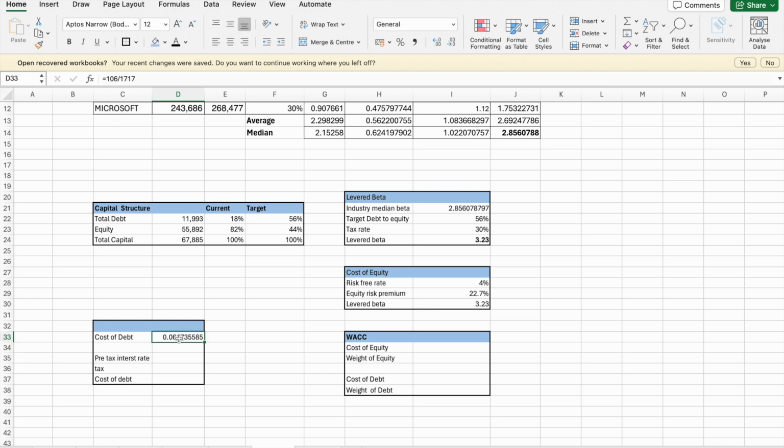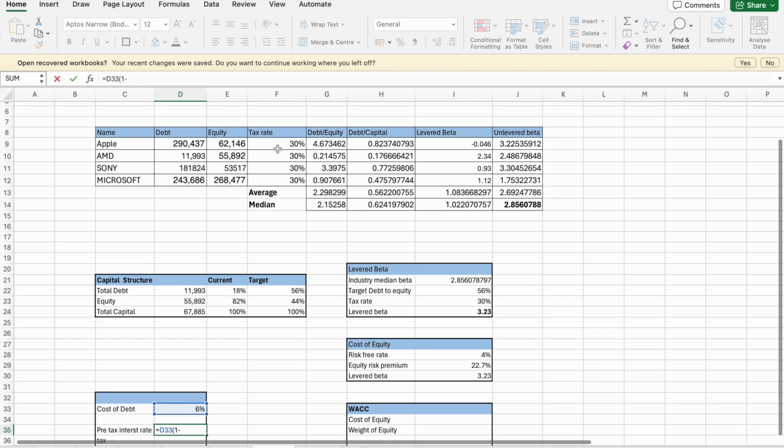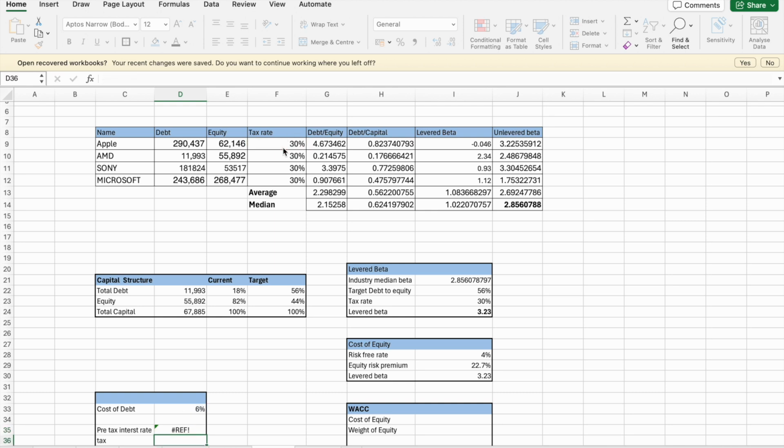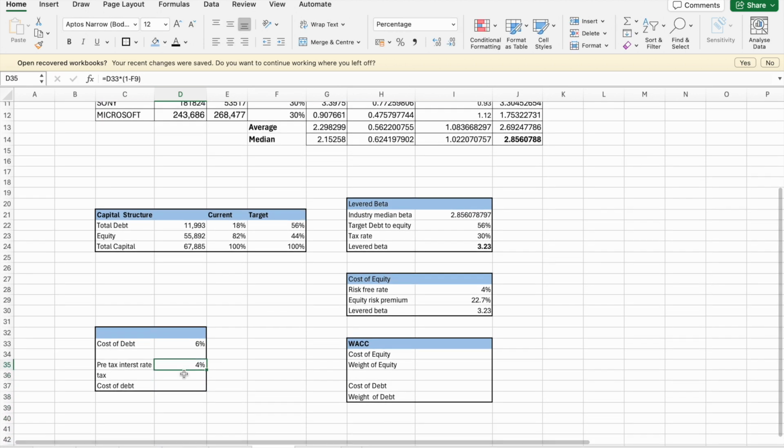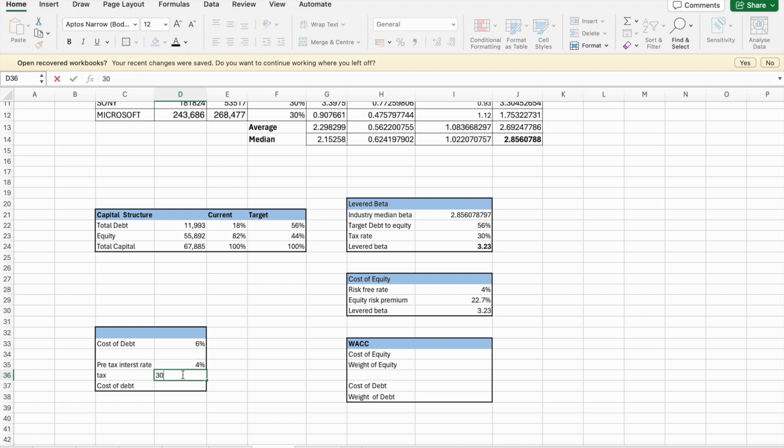So this is our cost of debt, which is around 6%, and now we need to adjust for the tax rate. Pre-tax interest rate is... tax is 30% here, so the cost of debt would be 6%, around 4%.